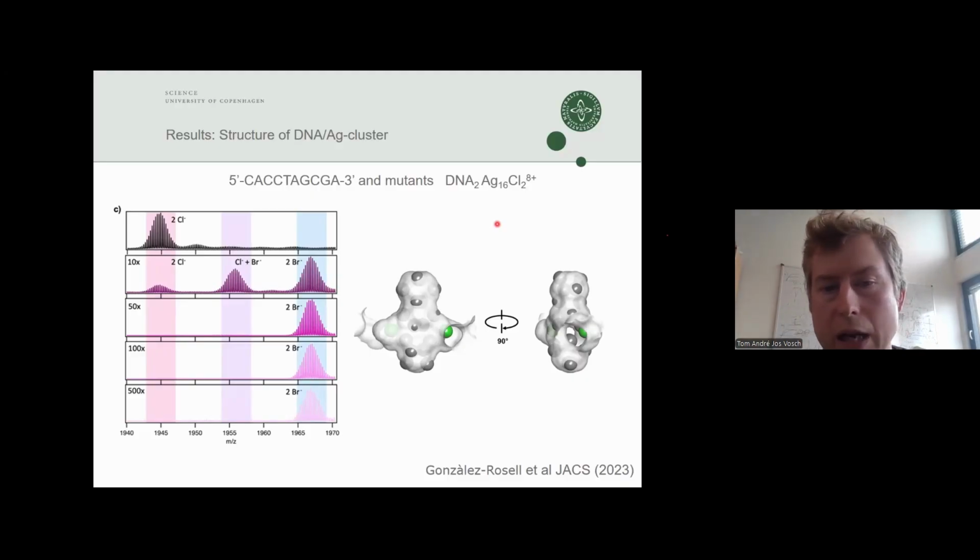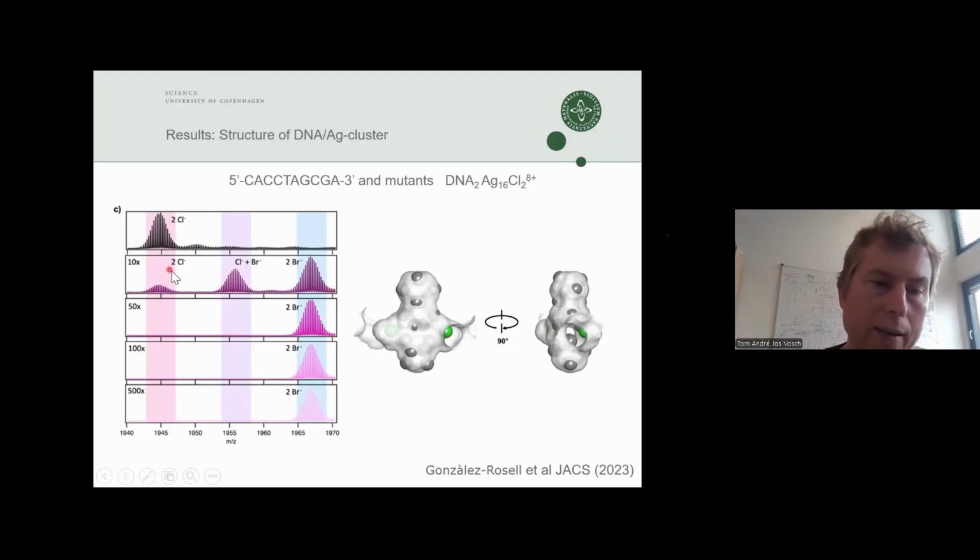But it turns out that chloride is a very common impurity in many chemicals, and hence this very elegant mass spec data showed that yes, it matches very well with the compound with two chlorides, and even more elegantly when you add then bromide, an excess of bromide, you can see that these chlorides can come off and can be exchanged with bromides.